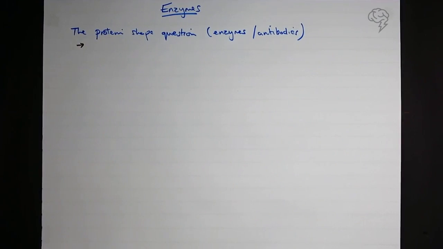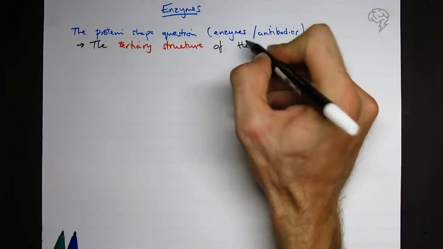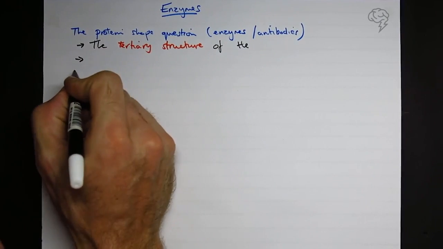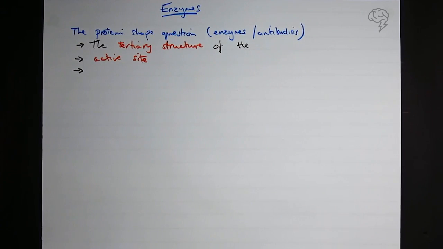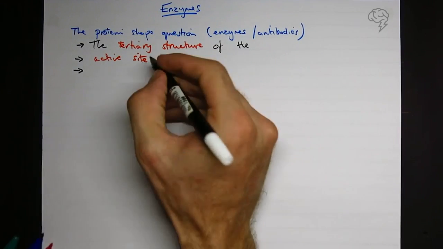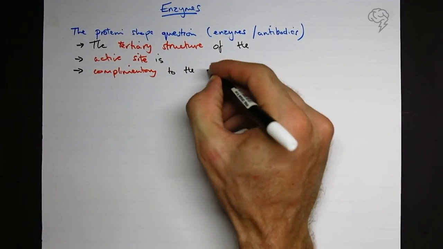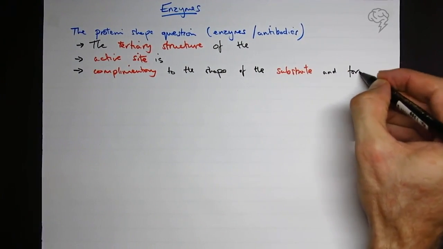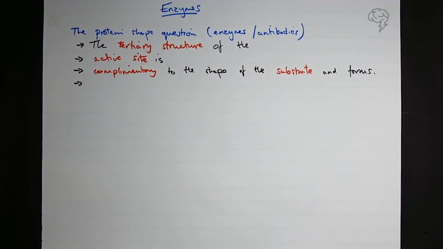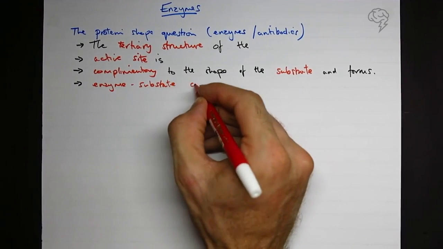So now the key terms are going to go in red. Tertiary structure. What's the important bit within a protein or an enzyme? It's the active site, or it would be the variable region of an antibody, which is complementary to the shape of the substrate and forms something that needs to be in all of your answers when you're talking about any of these things: an enzyme substrate complex.